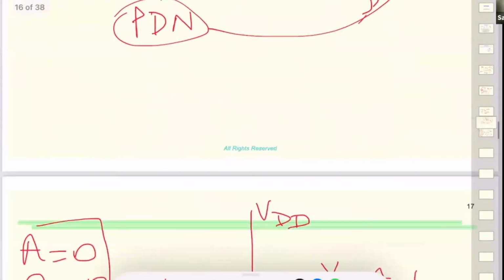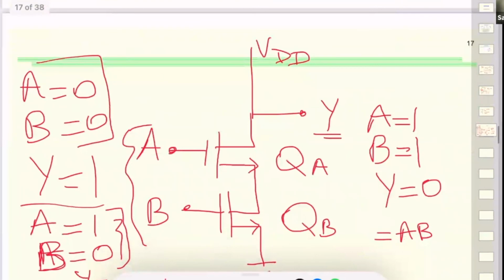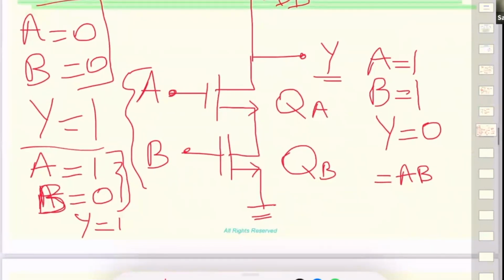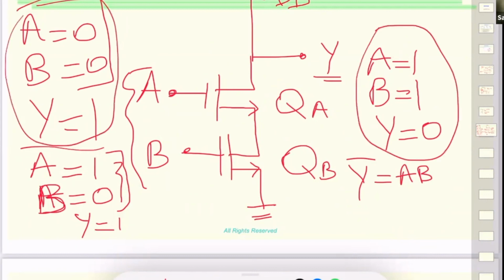Yeah, this is NAND. This is AND where they both have to be high to make your output low. And the inverted version of this is AND. So what we are getting is NAND here.